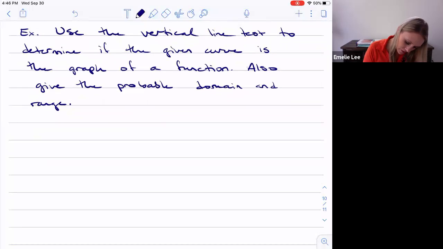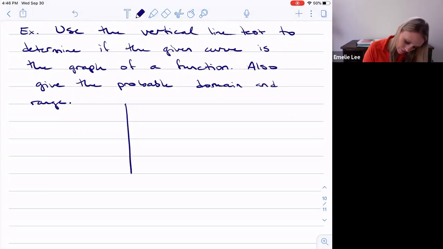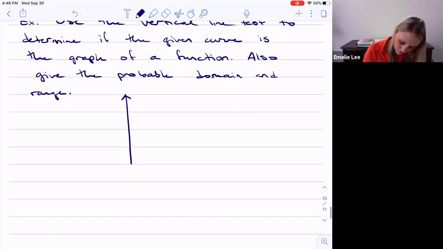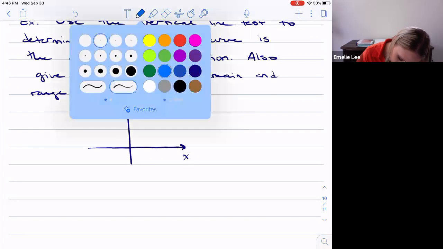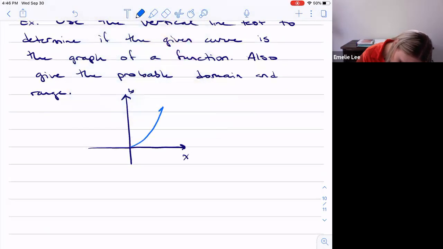So for the first one, I've got my XY axes here, and let's see here. Actually, something like that.